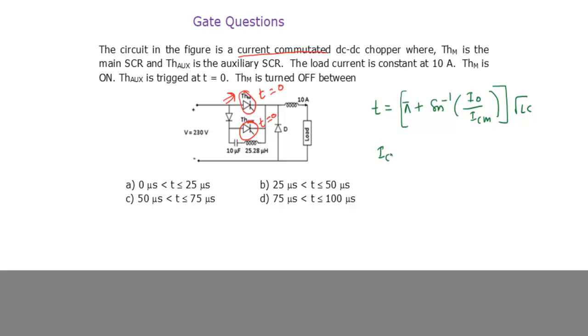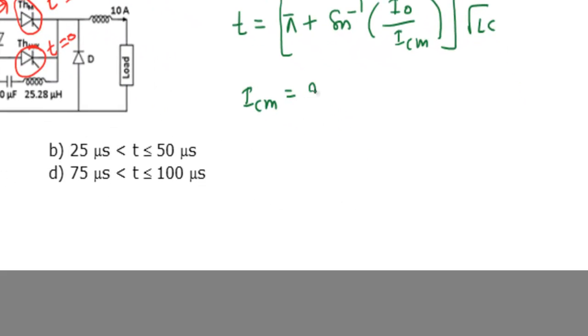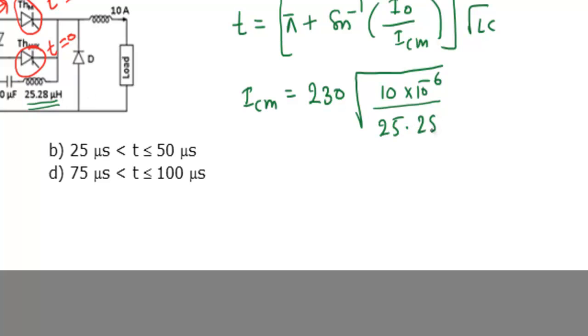What is IC max? IC max is initial voltage across the capacitor, that's nothing but source voltage. So source voltage 230 into root of C by L. C is 10 microfarad, 10 into 10 to the power of minus 6, divided by L, which is given 25.28 into 10 to the power of minus 6 because it is also micro.